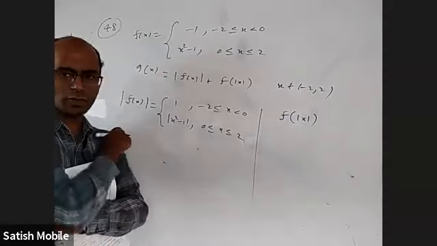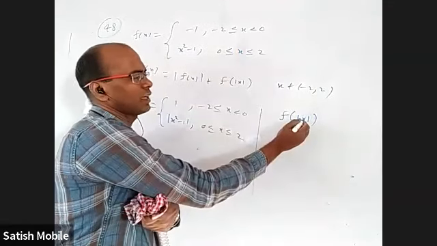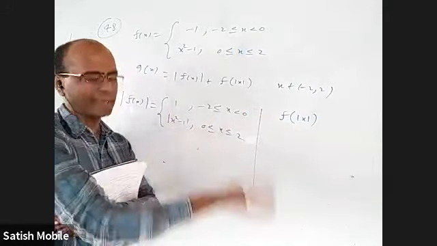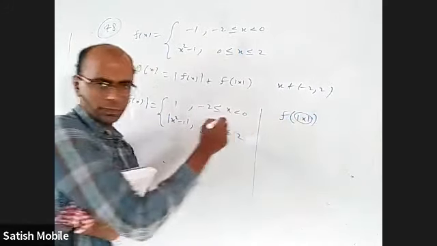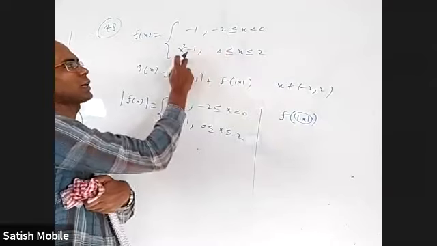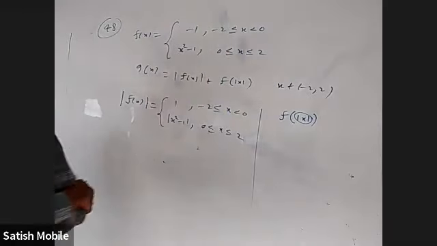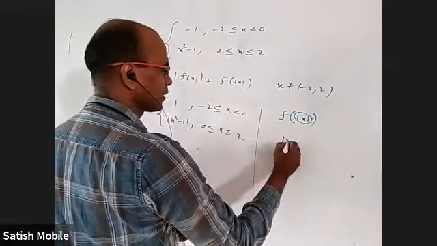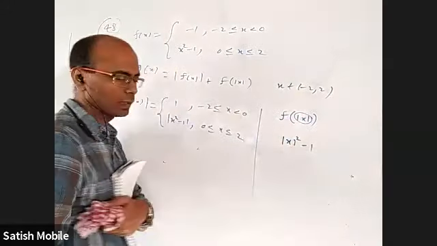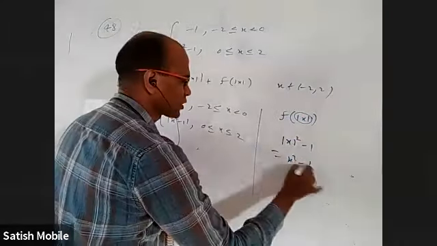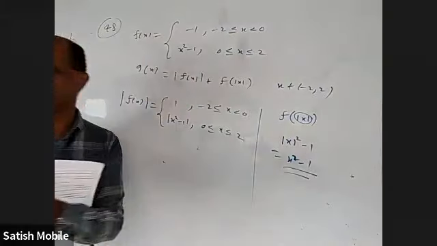I should use only the second one because, for example, you put here 1.2 or 0.8 or minus 0.8, mod x is positive only. F of any positive number has to be kept here but not here. So f of mod x is simply mod x square minus 1. That is x square minus 1 because mod x square is always x square.